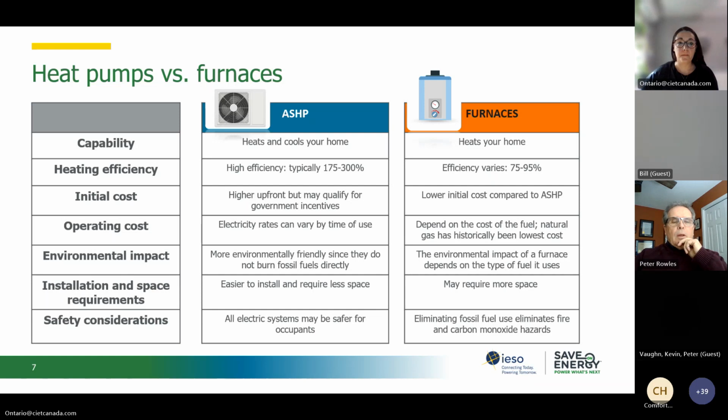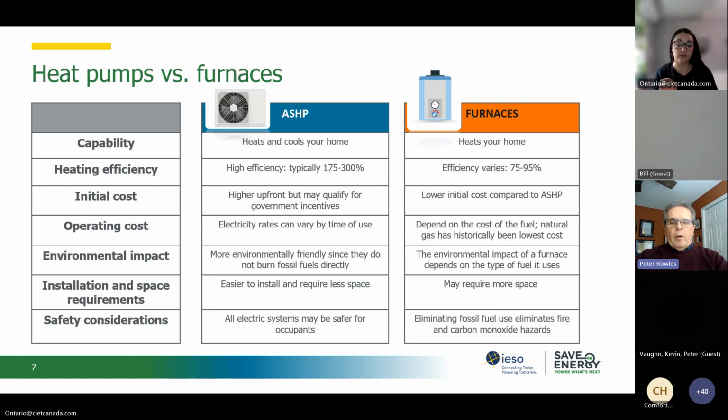So here are some of the features and comparisons between heat pumps and furnaces. Heat pumps heat and cool your home, while a furnace only heats your home. Air source heat pumps are known for their high efficiency, especially in moderate climates. They can provide both heating and cooling, which makes them fairly versatile.